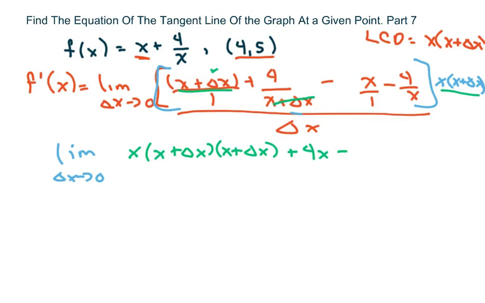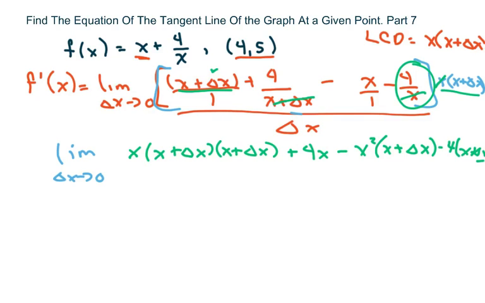And then you have minus x, and x times x is just x squared, and that's going to be times x plus delta x. And then minus 4 times x plus delta x. And I'm running out of room here a little bit, but the x's cancel there for this last piece here.